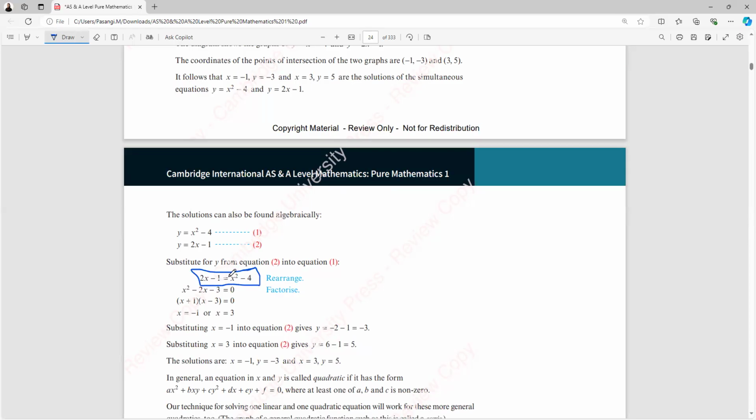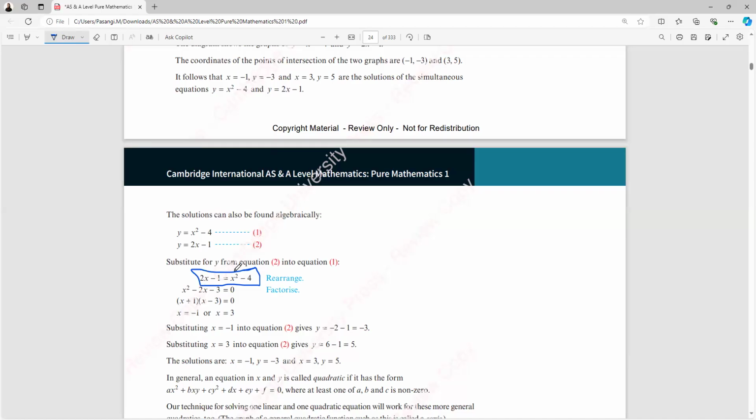Now this equation, we can rearrange. We can take all these terms to one side, either the left hand side or the right hand side. I prefer to always keep the x squared term positive. If you keep it negative there's nothing to worry about much actually, but my suggestion is to always keep this x squared term as positive.